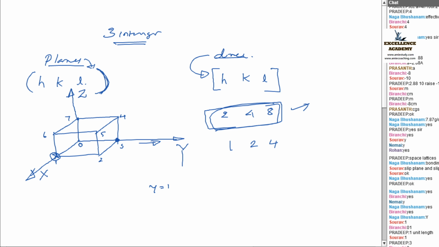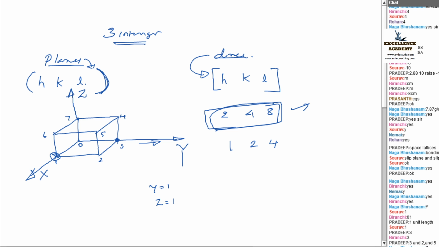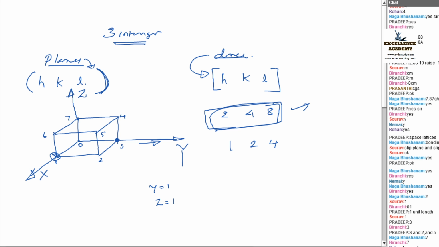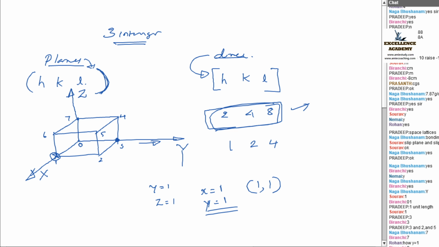You can see that this is the point where y is equal to 1. Where is the point when z is equal to 1? Can all of you follow me? Only if you are answering there. Yeah, 7 is the point. Okay. Next, I want to mark x equals 1, y equals 1. How can I mark? That point will be where? That means 1, 1.